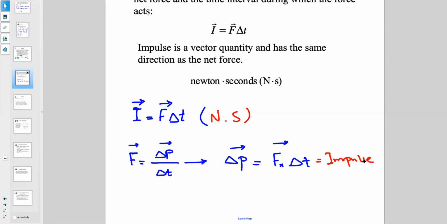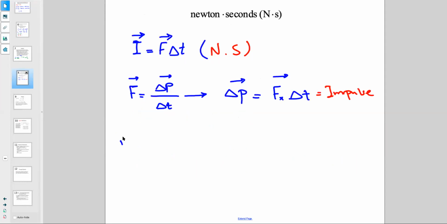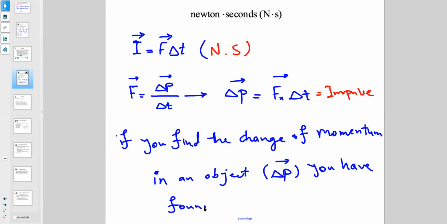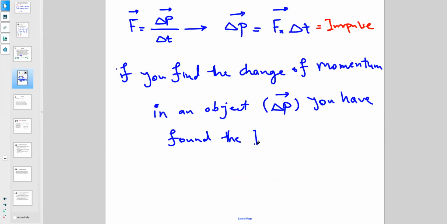All right? In other words, if you find the change of momentum in an object, if you find delta P, you have found the impulse of the force on an object.